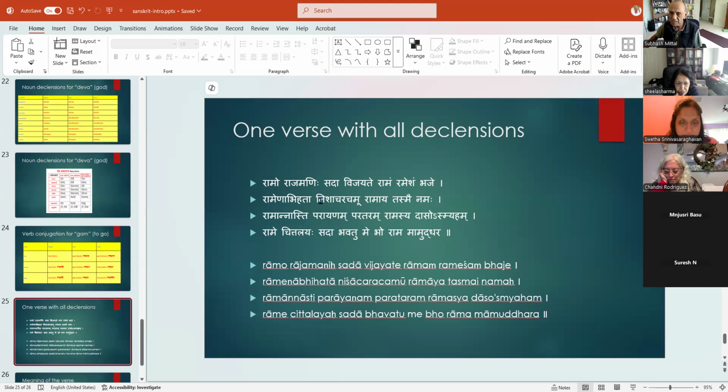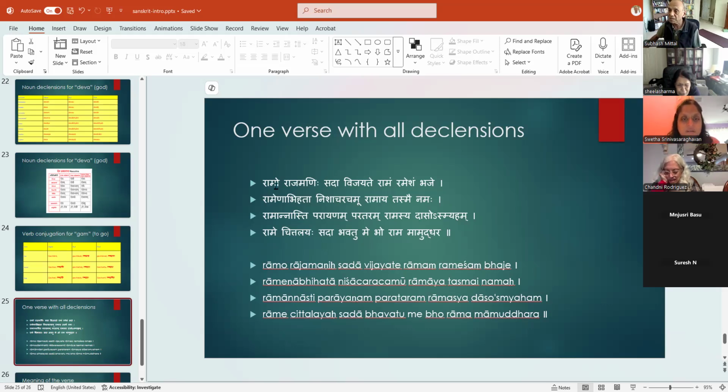Ramo Rajamani Sada Vijayate Ramam Ramesham Bhaje, Ramenabhiyata Nishacharachamu Ramaya Tasmai Namaha, Ramannasti Parayanam Parataram Ramasya Dasosmyaham, Rame Chittalaya Sada Bhavatu Me Bho Rama Mamuddhara. It's a very beautiful verse, all about Rama, and it includes every one of these 8 vibhaktis.